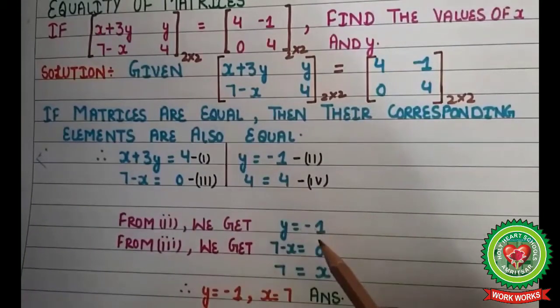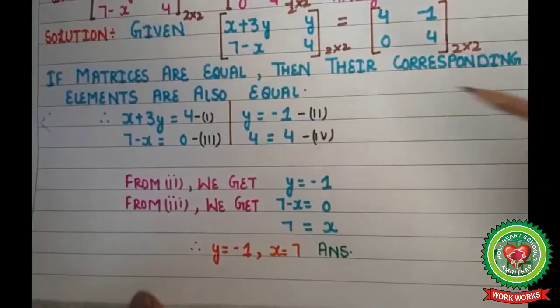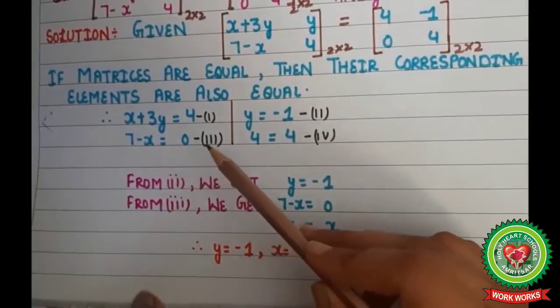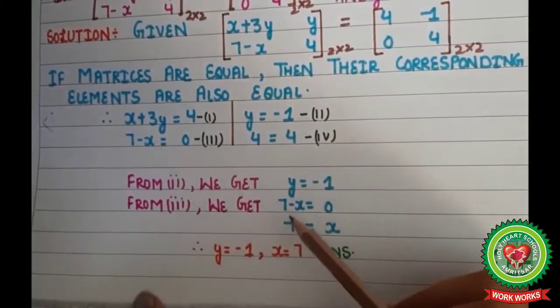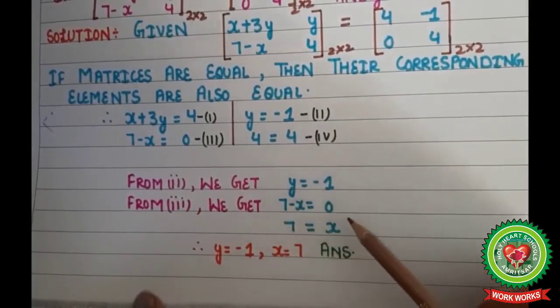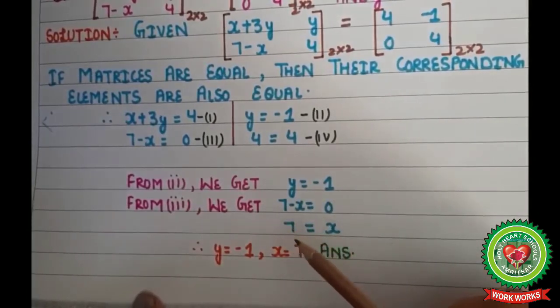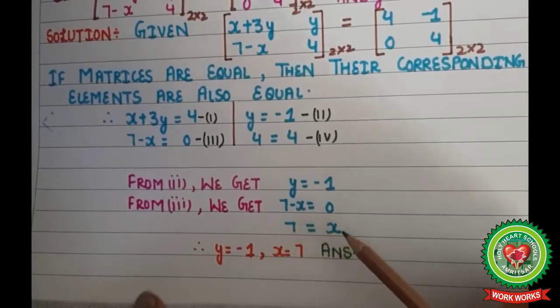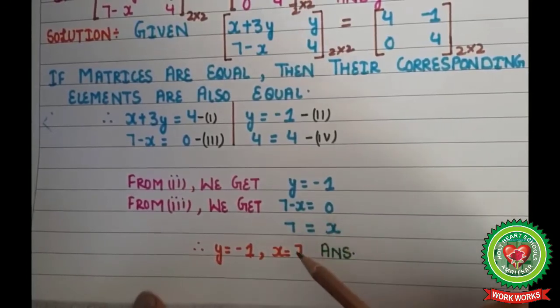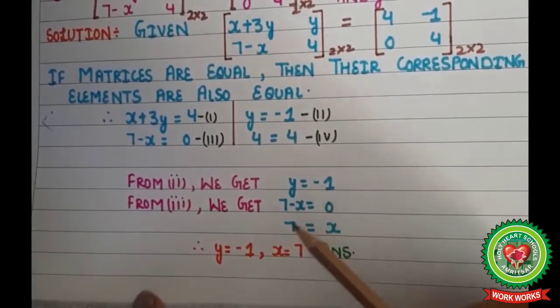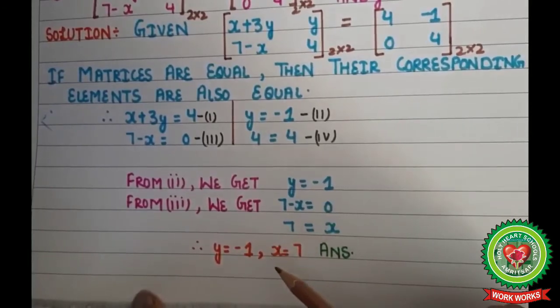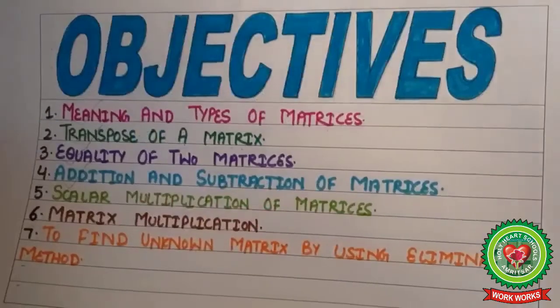We have got y equals minus 1. And from the third, we will get 7 minus x equals 0. 7 will remain this side, x is negative, so x will go that side. So therefore x equals 7 and y equals minus 1. This is the required answer.